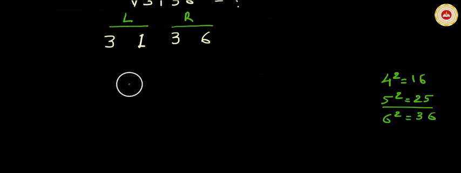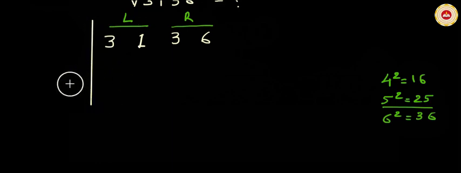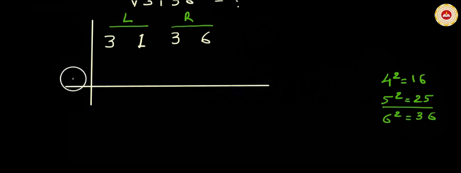Square root of what? Square root of the given number 3136. But before writing the first digit, let us draw a vertical line as we draw in Dwajanka division. So we are going to write the divisor here. I will tell you how to calculate the divisor.